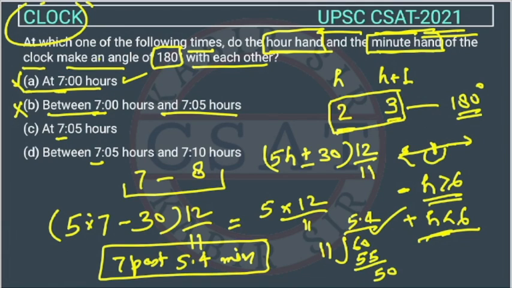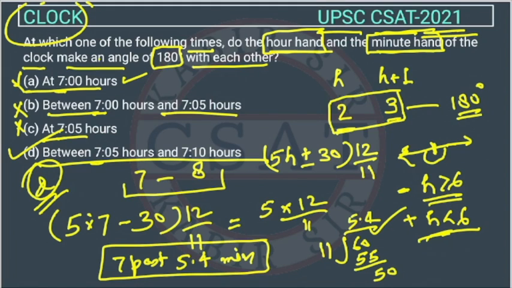Third option, at 7.05, he is saying at 5 minutes past 7, that is also not the case because we are getting 0.4 here, right? So 0.4 minutes are remaining. So according to option D, between 7.05 and 7.10 hours, right? So this is correct, because after 5 minutes past 7 that angle will come when they are in a straight line. Okay, so the answer is option D. Okay, so the answer of this question is option D.